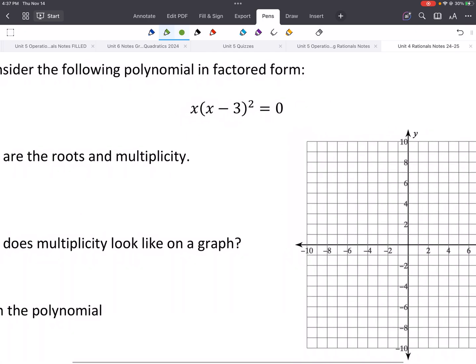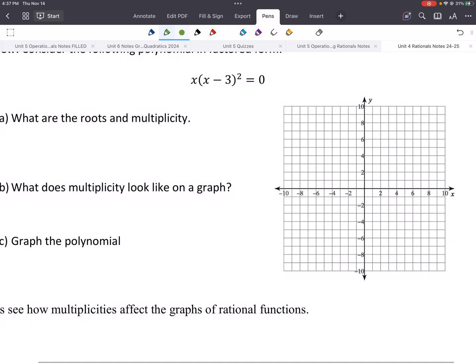If you remember, first let's plot those x-intercepts. The x-intercepts are what make these 0. So either x would have to be 0 or x would have to be a positive 3, so we could plot those 2 points at 0 and 3. And we talked about how if it has a multiplicity of 1, it's going to cross, and if it has a multiplicity of 2, it's going to bounce at that x-intercept.